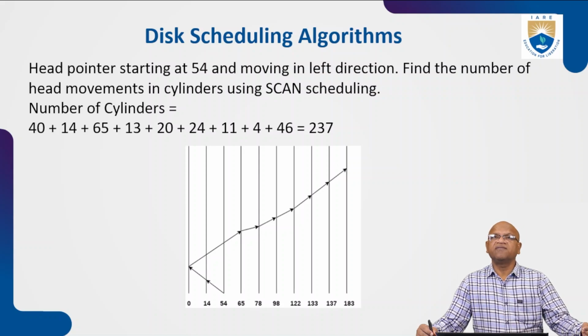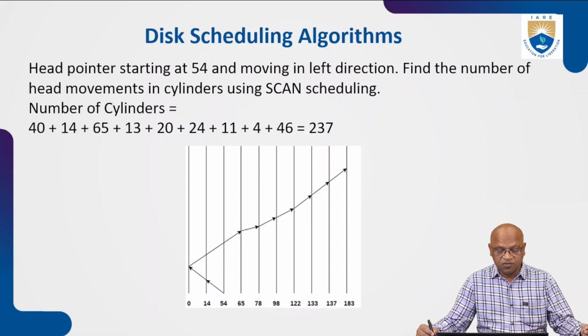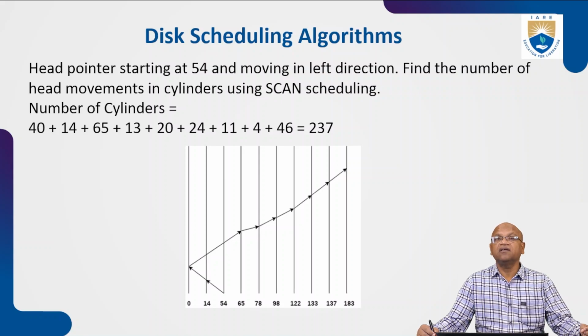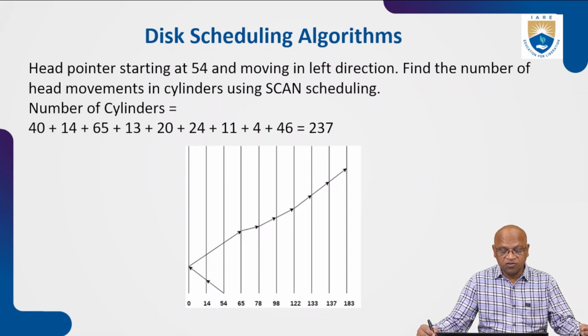Initially at 54, it will go to the extreme end, which is 0. From 54 it goes to 0. On the way, 14 is one of the cylinders given in the sequence, so it goes to 14 and then to 0.